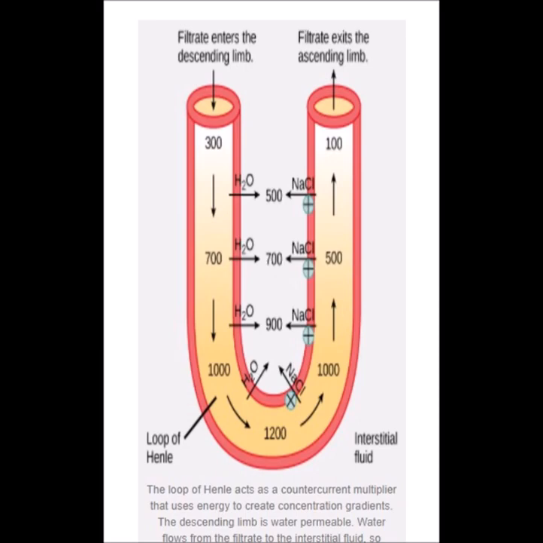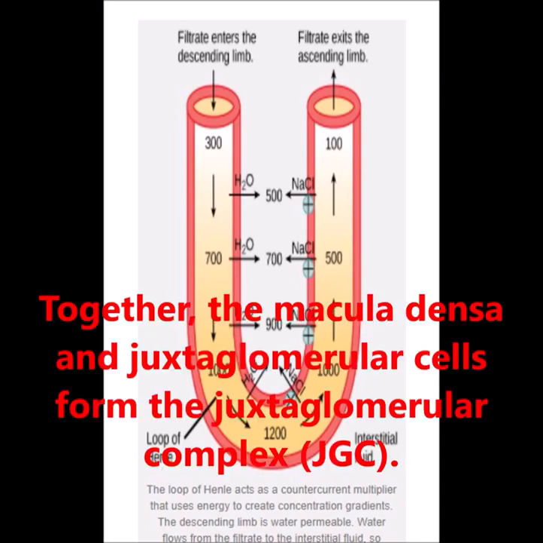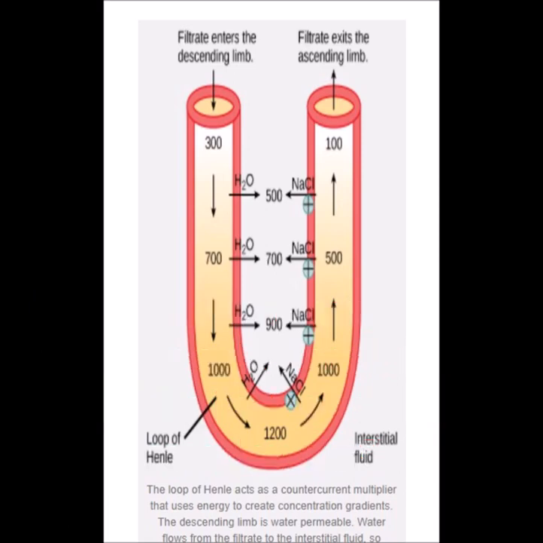Together, the macula densa and juxtaglomerular cells form the juxtaglomerular complex, JGC. The juxtaglomerular complex is an endocrine structure that secretes the enzyme renin and the hormone erythropoietin.